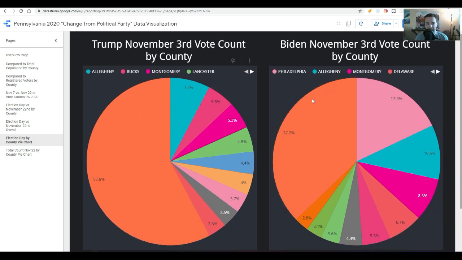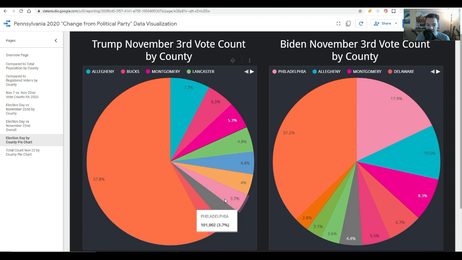But if we look at election day distribution of vote by county, we see something interesting. For Trump, the majority of his vote, 57%, is spread across all of the other counties in Pennsylvania, with a pretty even distribution throughout every single county.